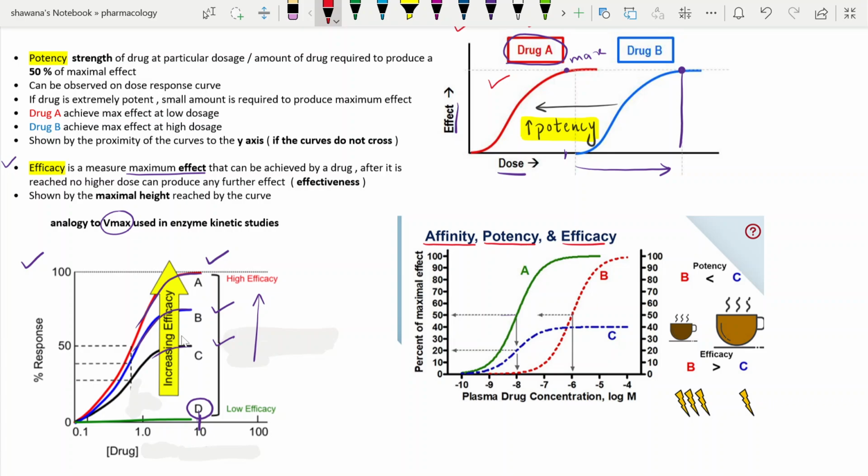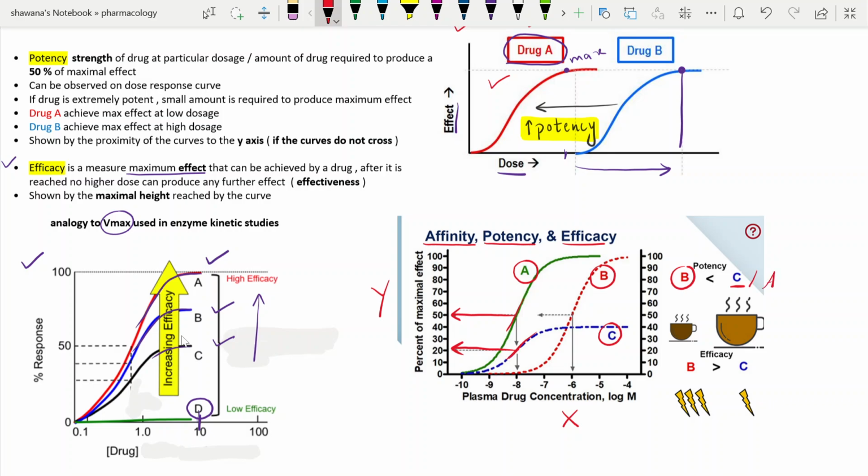So which drug has higher potency, A, B or C? The closer to the y-axis, the higher the potency and the affinity. So drug A and drug C have higher potency, as you can see both are closer to the y-axis, and drug B has less potency as compared to drug C and drug A.